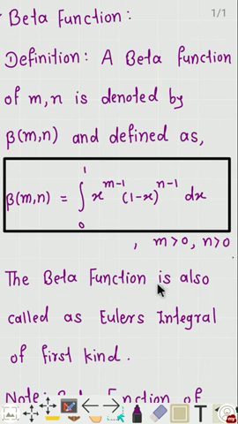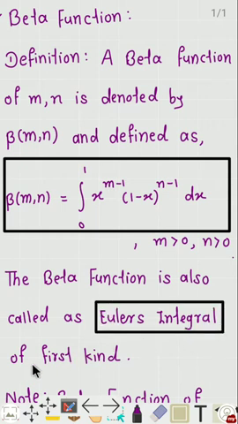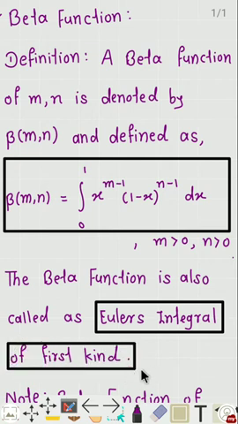The beta function is also called Euler's integral of first kind. Keep this in mind.